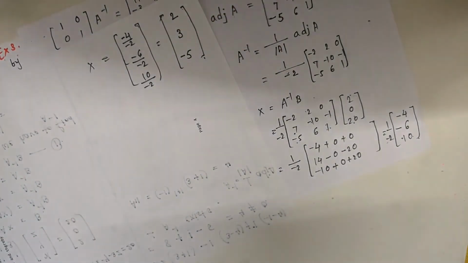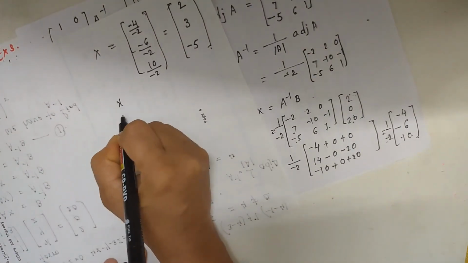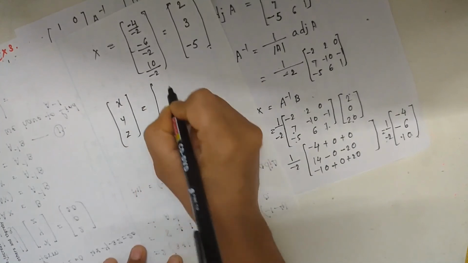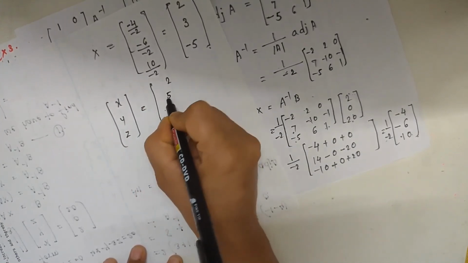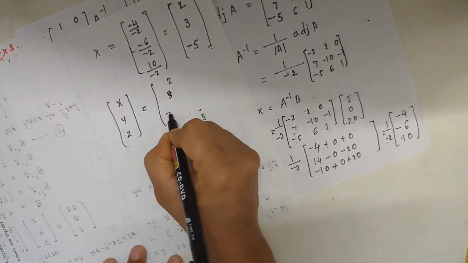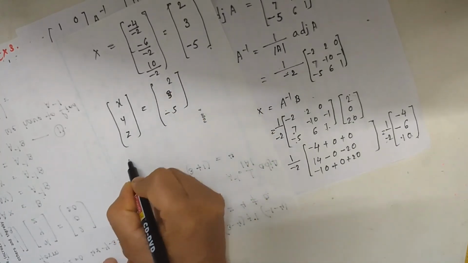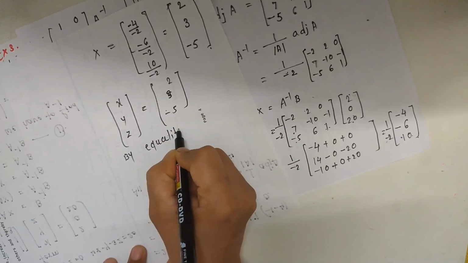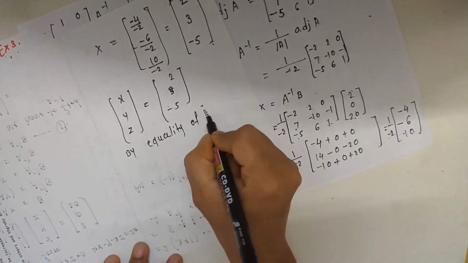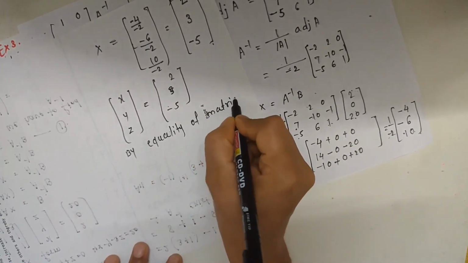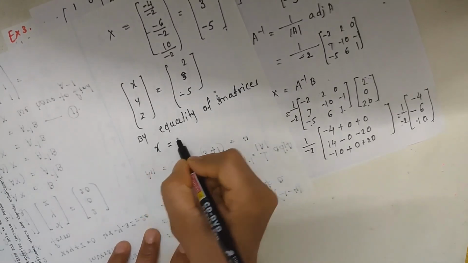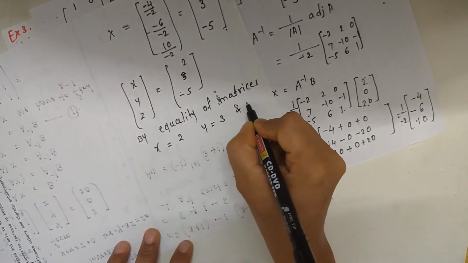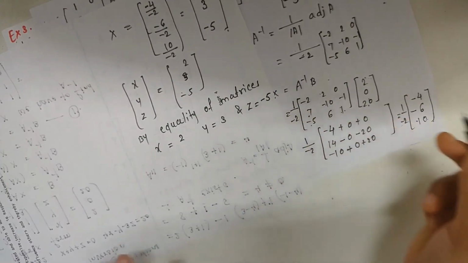So in this way we get the values of x, y and z as 2, 3 and minus 5. By equality of matrices, we get x is equal to 2, y is equal to 3 and z is equal to minus 5.